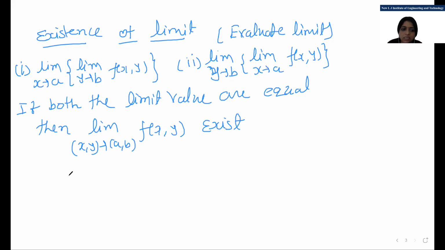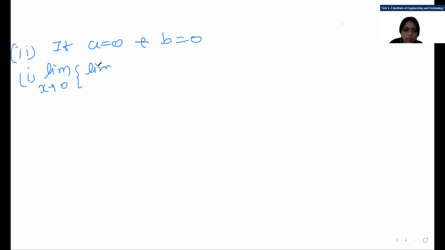Now for the second rule, if we want to find the limit at the origin, it means a equal to 0 and b equal to 0, then again our first rule to find the limit, that is limit x tends to 0, here limit y tends to 0, f of xy.